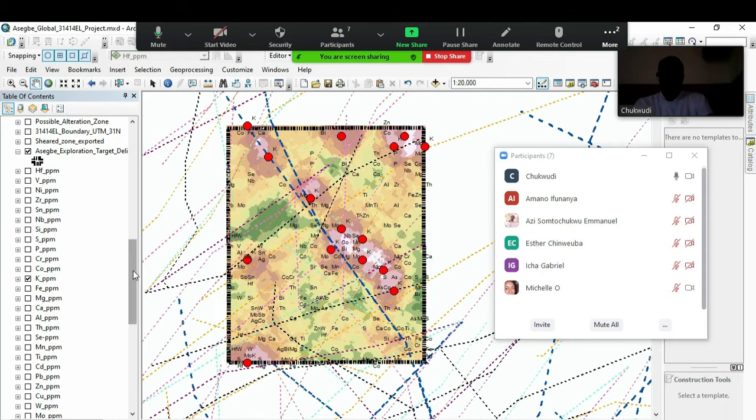It's very simple, because we understand that most of these elements are mobile, and definitely gold can be leached out from the deeper zone to near surface zones, like the gossan zones, or the saprolitic zones, or maybe the lateritic zones. That's why you can see some of the gold in the laterites. Why? It's because there's mobility.